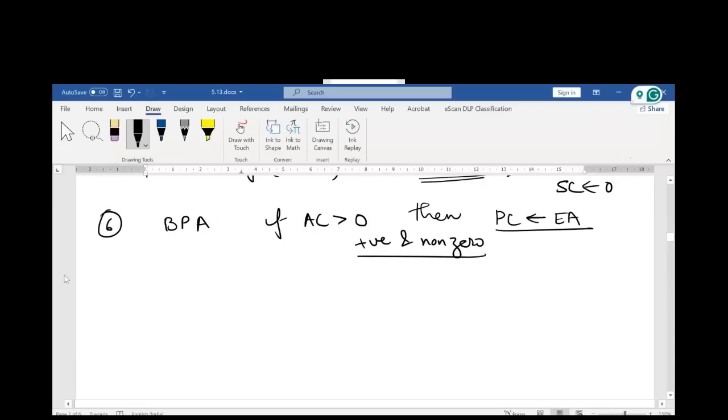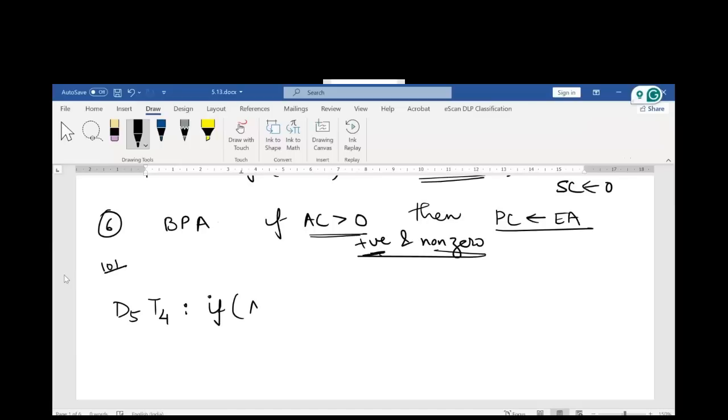Okay, so let us write. The code given to you was 101, so my control function will be D5 T4. Here I need to check the content of the accumulator. It should be positive and non-zero. So I will check like this: if AC is not equal to 0 and AC of 15 is equal to 0.